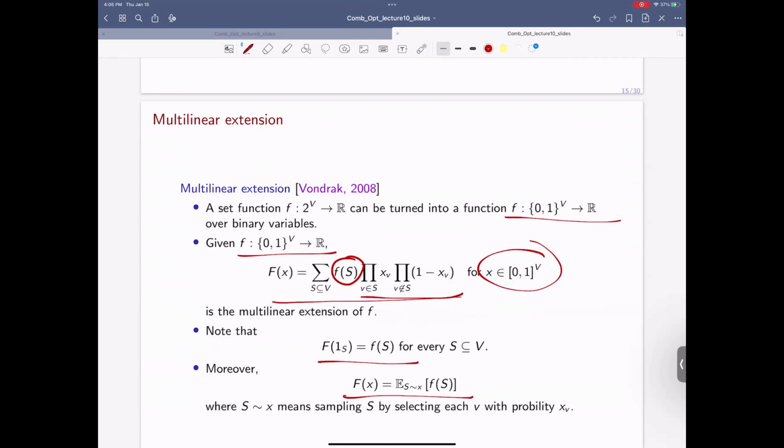By definition, it is differentiable. You can compute the gradient. Not easily, but you can. I mean, you have to go through all the subsets, but you can differentiate this multinomial. There's a closed form expression for that. Any other question?